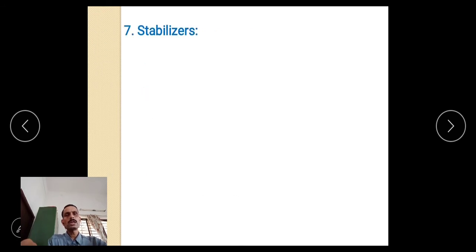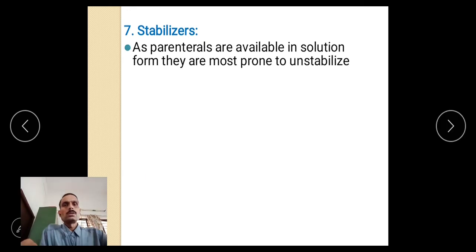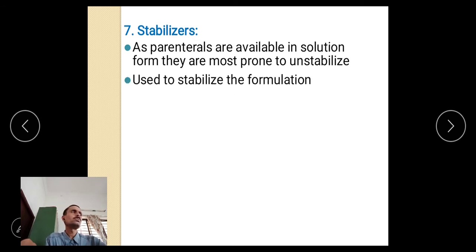Next, stabilizers. Parenterals are available as solutions, which are most prone to being unstable. Usually liquid products are unstable when compared to tablets or capsules.